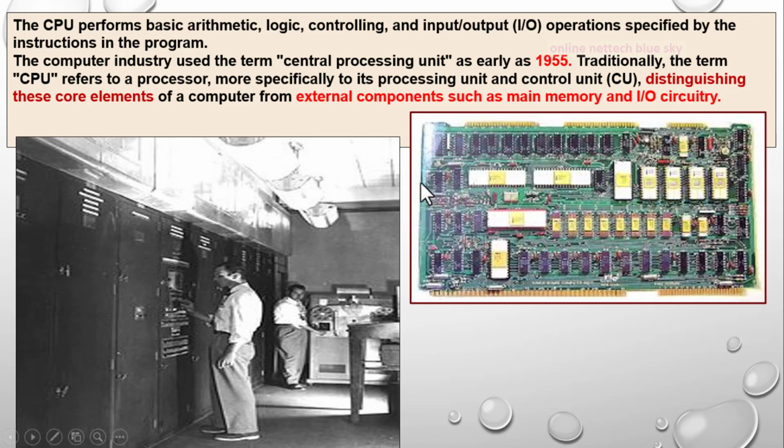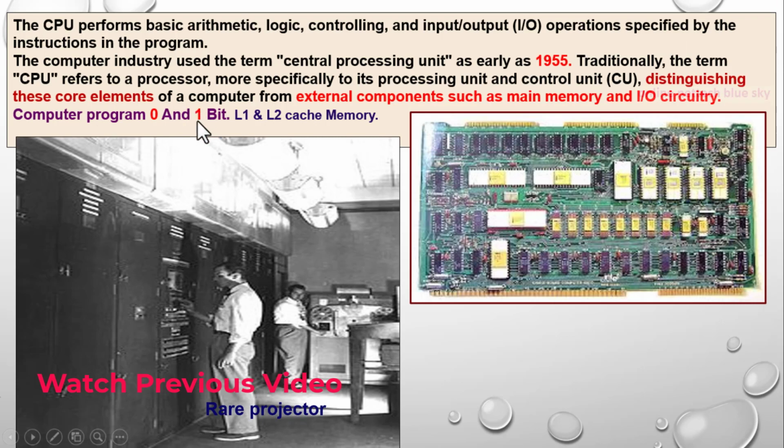But in the second generation, you can see this type of CPU is very small and very fast. A complete program is only 0 and 1, one bit. All of a program is 0 and 1. 0 means negative, 1 means positive. This is the type of computer program. Today a computer always works with 0 and 1 bits. What is a bit?